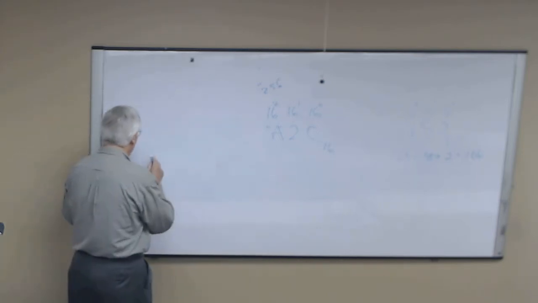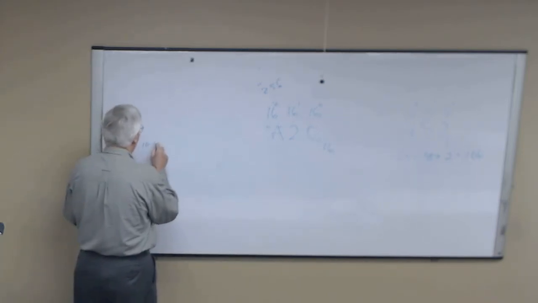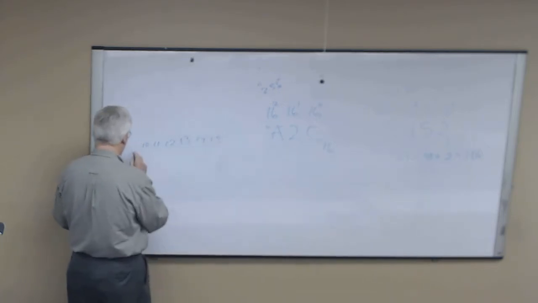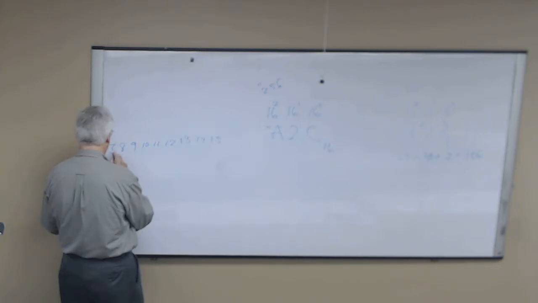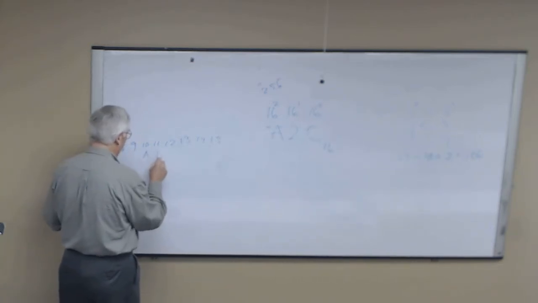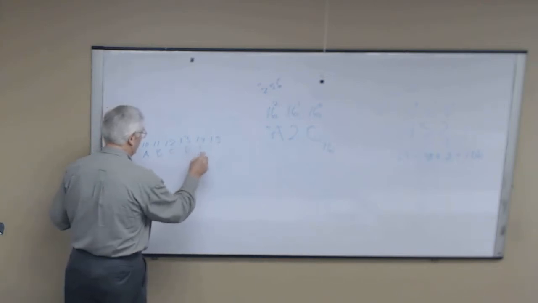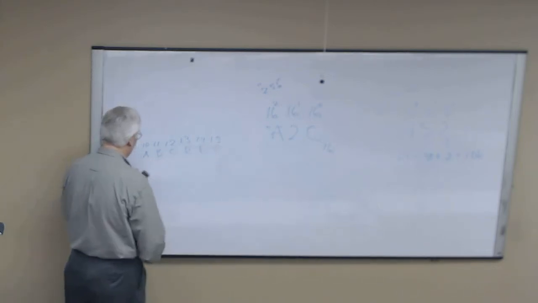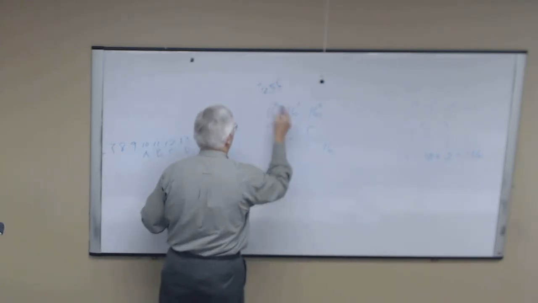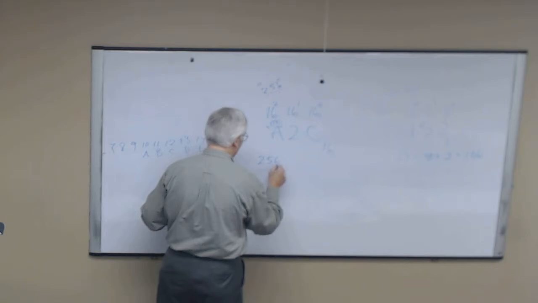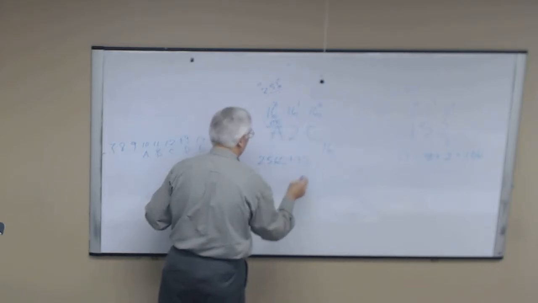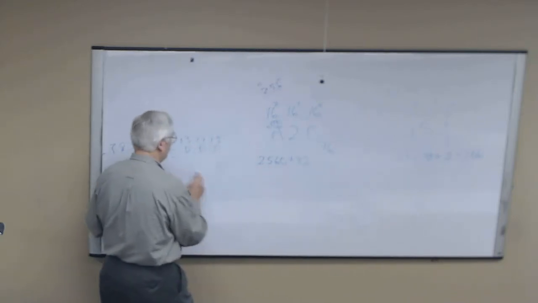You remember in base 16, it goes 10, 11, 12, 13, 14, 15. 7, 8, and 9 are just like in our system, but then it goes A, B, C, D, E, F. So what's A? A is 10. So 10 times 256 is 2,560. 2 times 16 is 32, and C is 12.